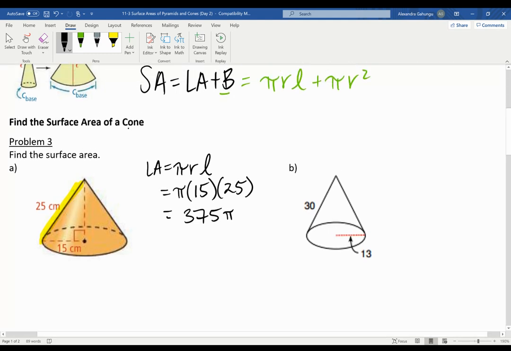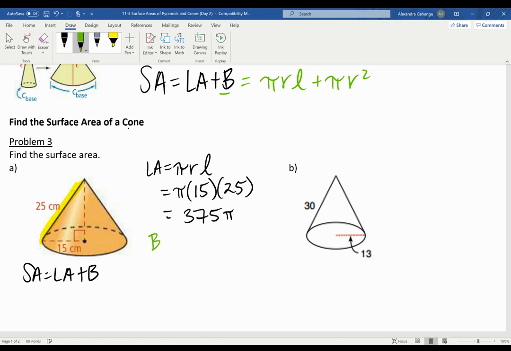Then the surface area, lateral area, plus that base. Only thing we're missing, because we found our lateral area, is our base. So it's pi times the radius squared, because we want the area of our circle, 225 pi.